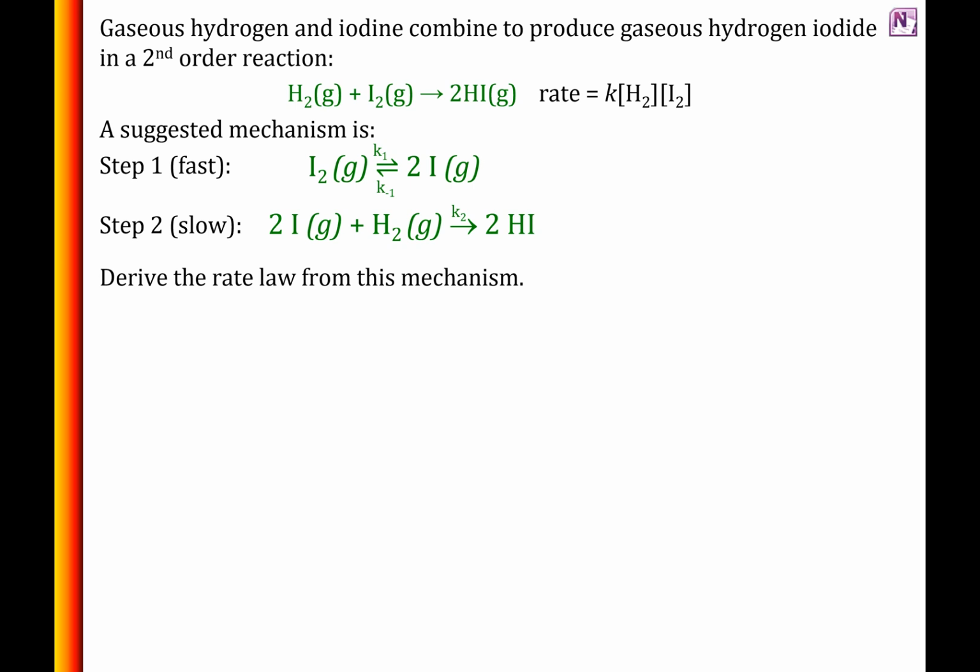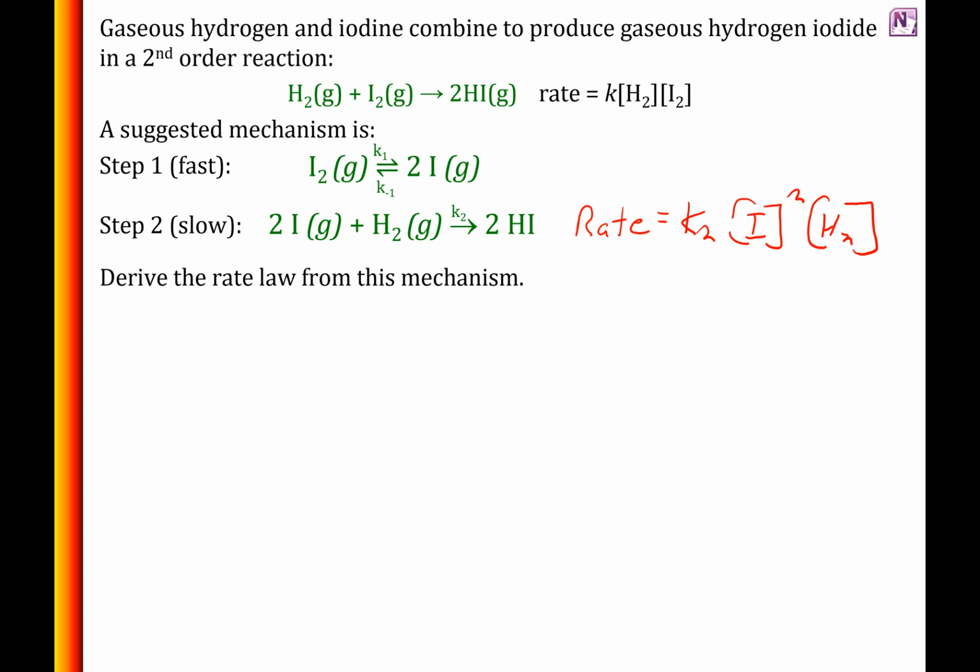If we were just trying to write a rate law based on the slow step, we might write rate is equal to k2 times [I]² times [H2].